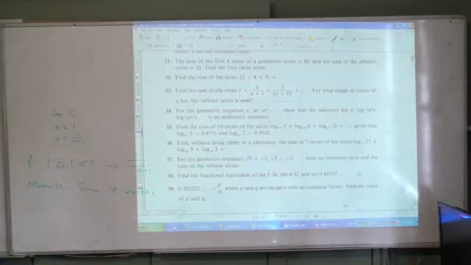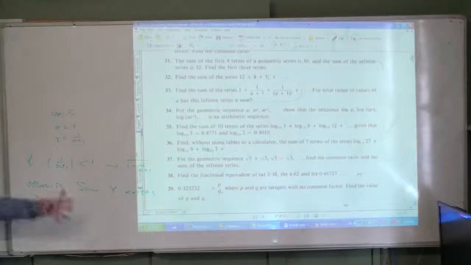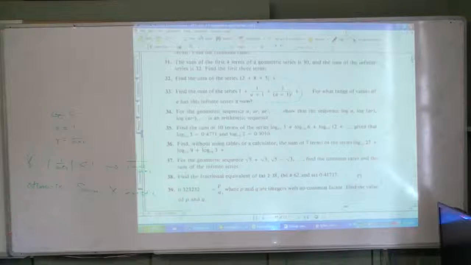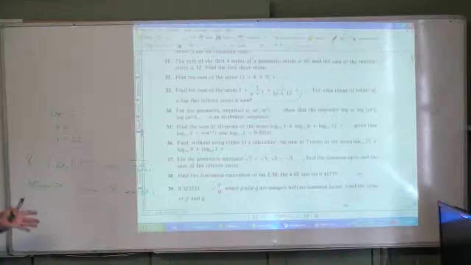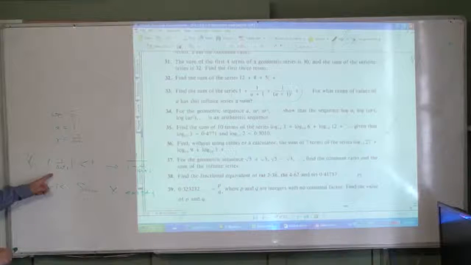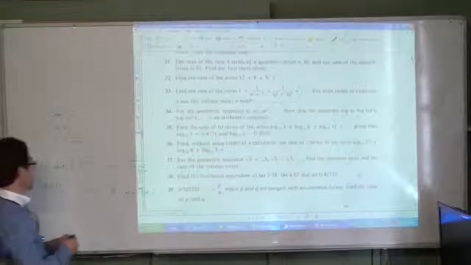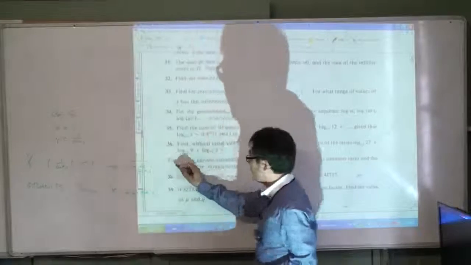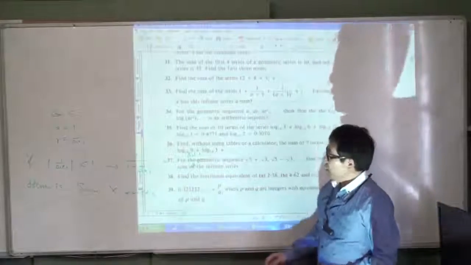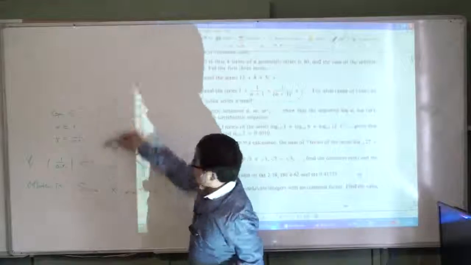They ask for the sum, but because it's an infinite series, there are two different cases: exist or not exist. In this case, it exists. But then what's the A? A plus 1 over A. That's the answer. Then you have to solve it.